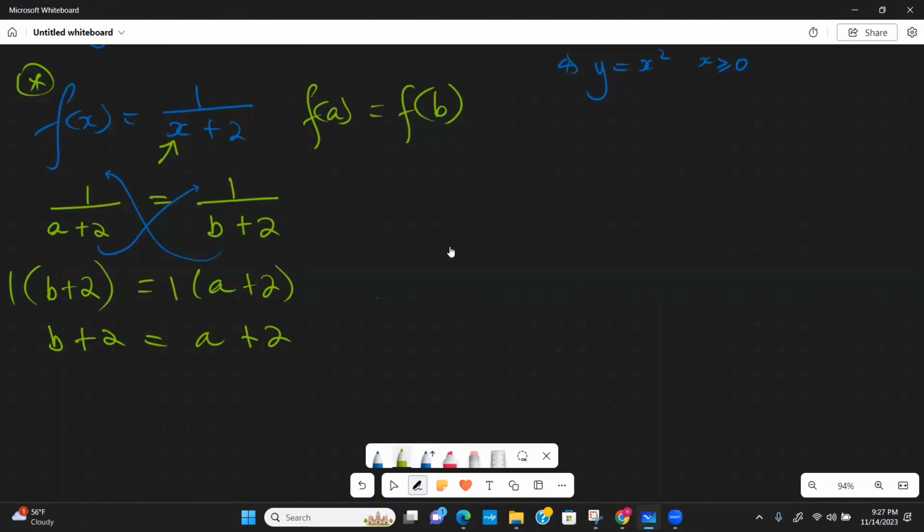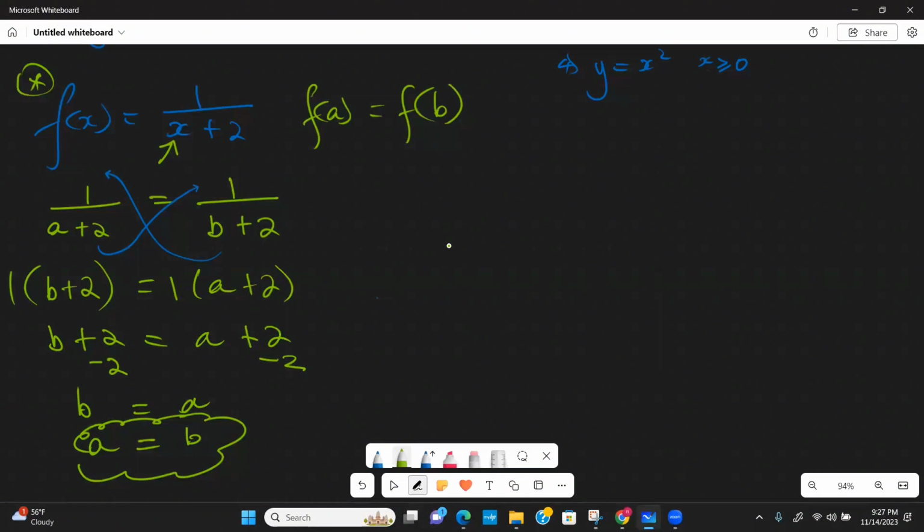At this time, I'm solving, so I can subtract 2 from both sides, and I'm left with b equal to a, which is to say a is equal to b. As you can see, we end up getting that a is equal to b.